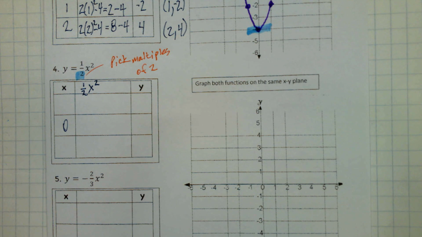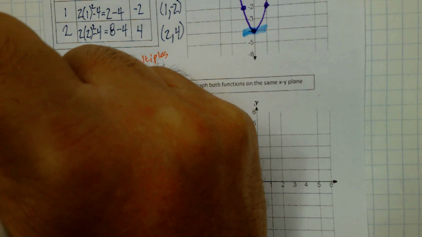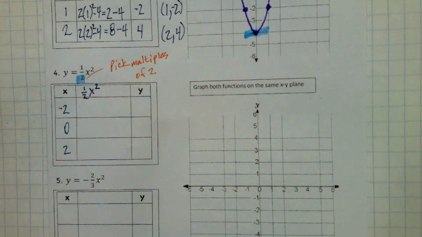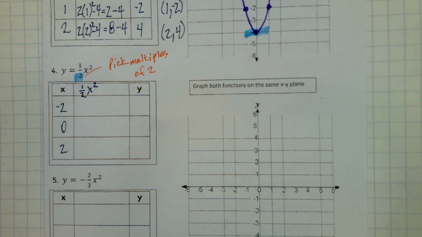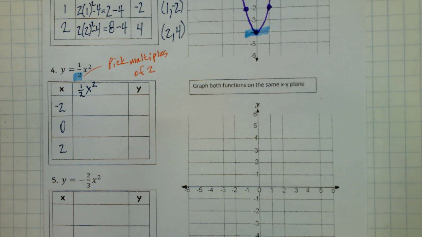Zeros are nice. They give you nice, simple answers. And besides 0, what's the next smallest multiple of 2? No, 1 isn't a multiple of 2. Negative 2. We want -2. We have to have -2, and +2. Okay? So we'll pick those numbers instead of the numbers we've been picking.